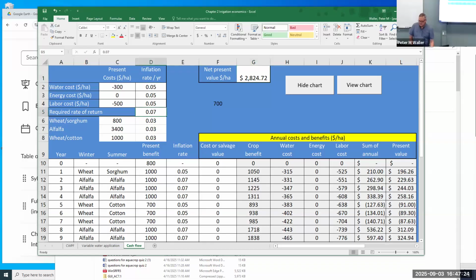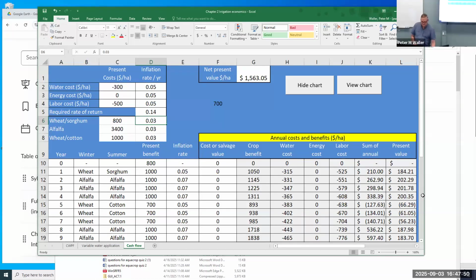And let's just make our net present value higher. So look at this number and this number, 338 and 258. If we make our required rate of return double, okay, watch these numbers when I hit return. Now 338 is only worth $200 because I have a higher required rate of return.